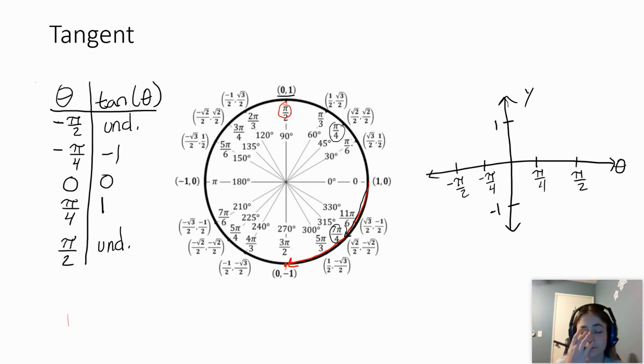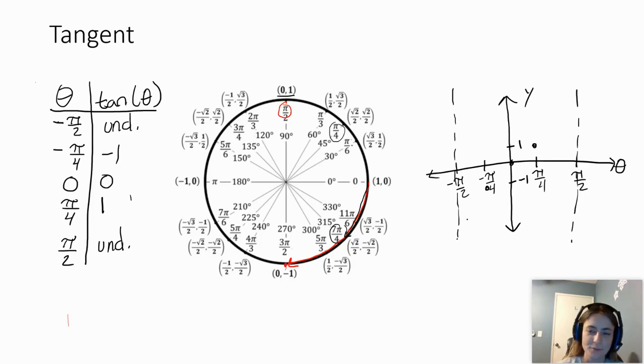Okay, so at negative pi over 2, tangent is undefined, so thinking it's going to be a vertical asymptote. Same thing at positive pi over 2, tangent is undefined. Looking like a vertical asymptote. So negative pi over 4, negative 1, 0, 0, pi over 4, positive 1. So we're going to approach the vertical asymptote but not cross it.